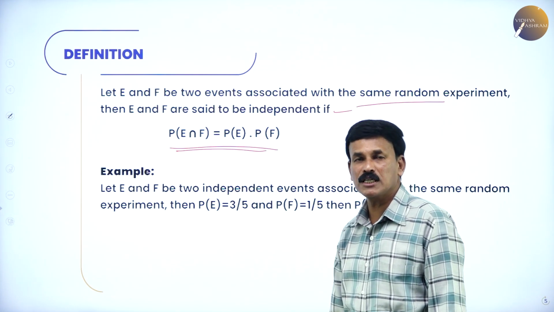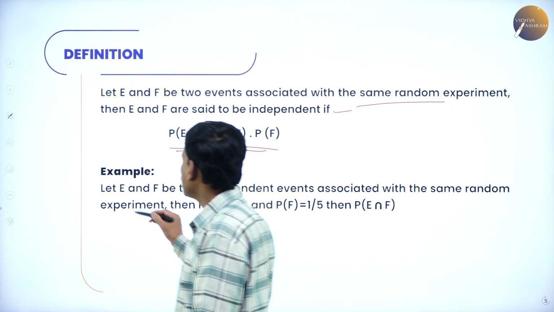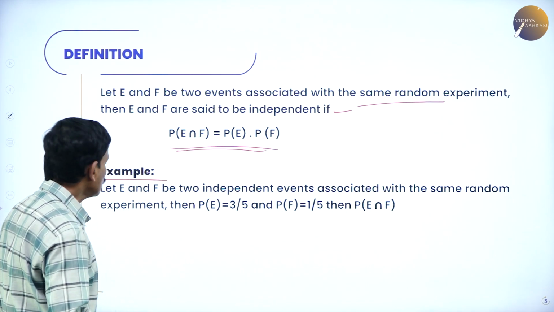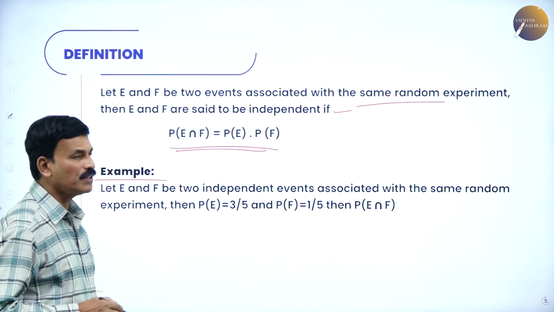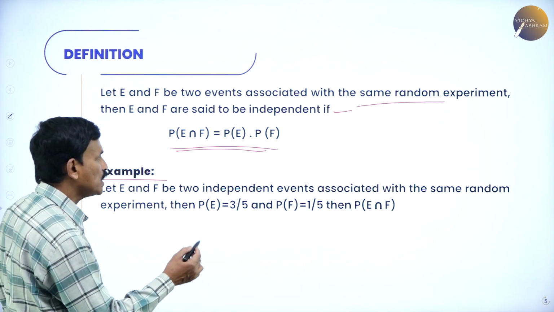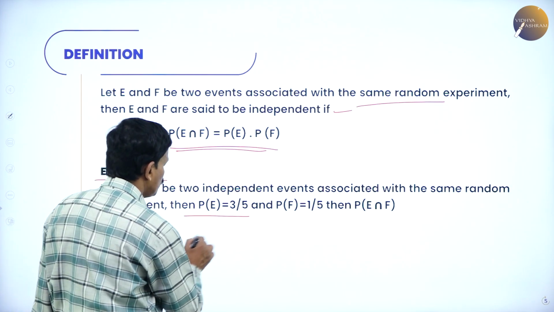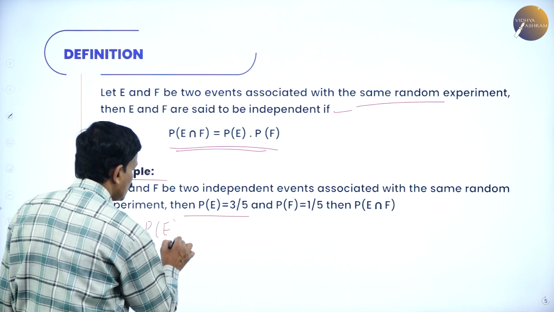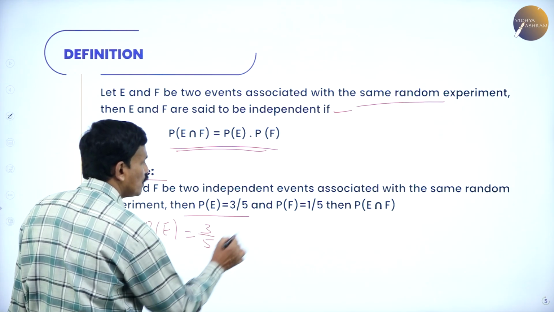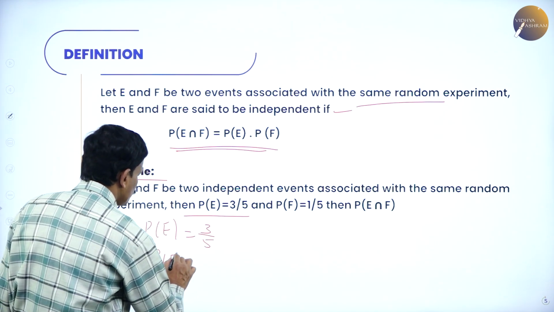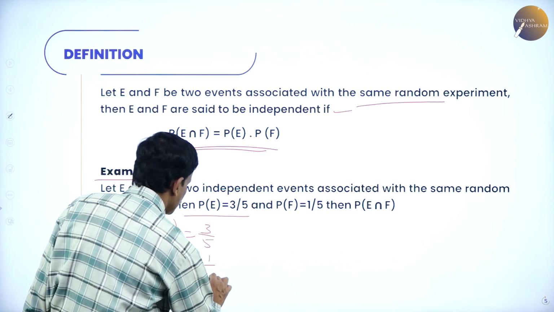Now let us discuss a small example. Let E and F be two independent events associated with the same random experiment. Given that probability of E is 3 by 5 and the probability of F is 1 by 5.